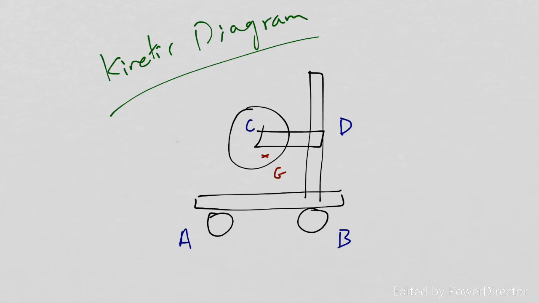If you look at the question again, the question is saying that the spool is lifted up with 3 meters per second squared acceleration. So if the spool is moving up, the direction must be at the center point of the spool, and that is C.